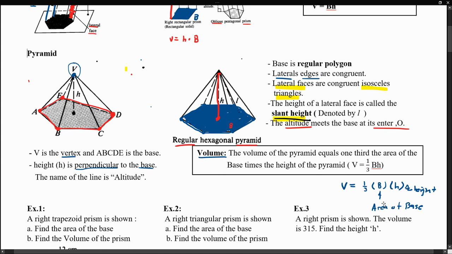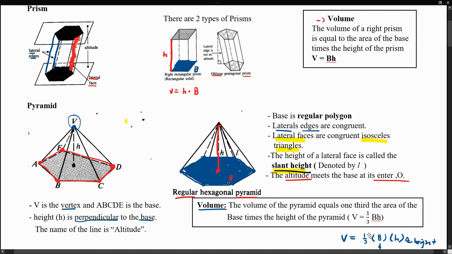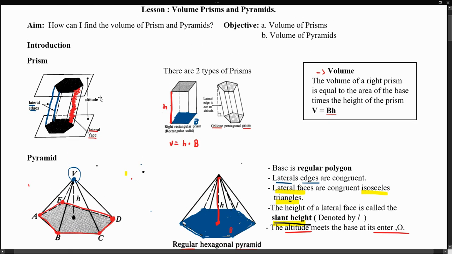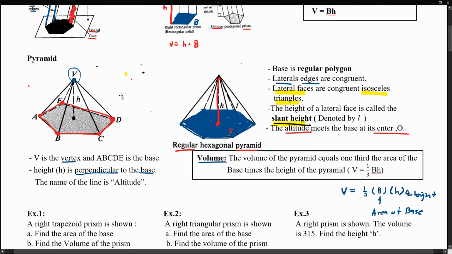And for a pyramid, it's always going to be equal to 1/3 of the base times the height. So what this is saying is that we can fit 3 pyramids into 1 prism. And we're going to take a look at that relationship in the future, but this is just to give you a heads up of where we're heading.